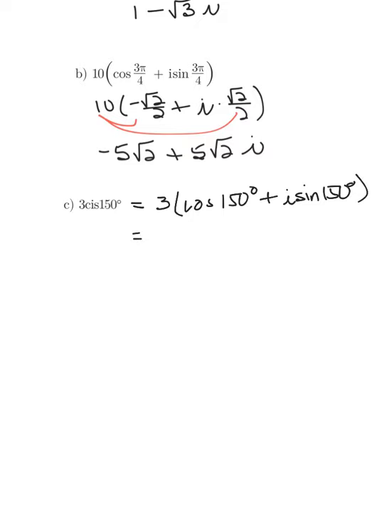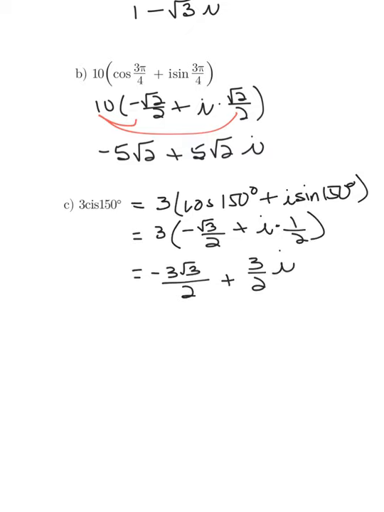So we're going to have 3 times cosine of 150 is negative square root of 3 over 2 plus I times the sine of 150 is 1/2. Distribute your 3, you're going to get negative 3 square root of 3 over 2 plus 3 times 1/2 is 3/2 I.